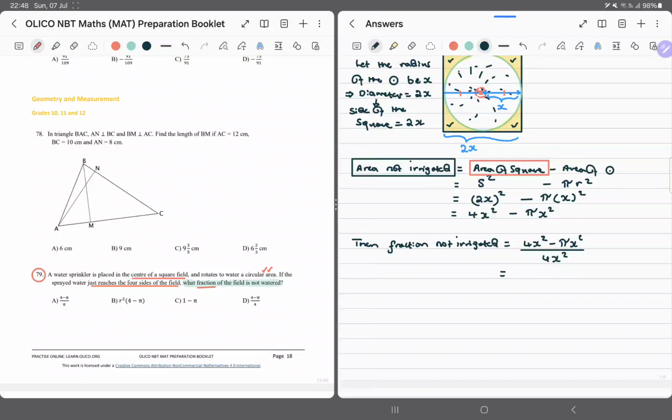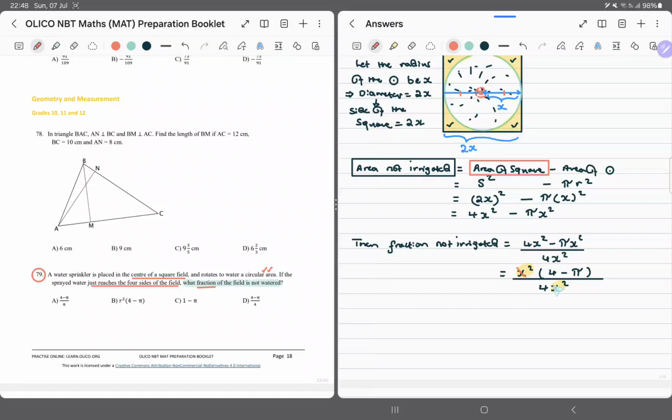Now if we simplify further here, we can see x squared is common. So all the steps that we use in simplification, factorizations, they still apply. So we can appreciate that x squared is common to the numerator and denominator.